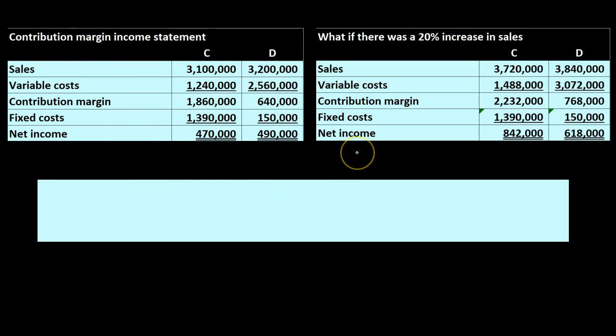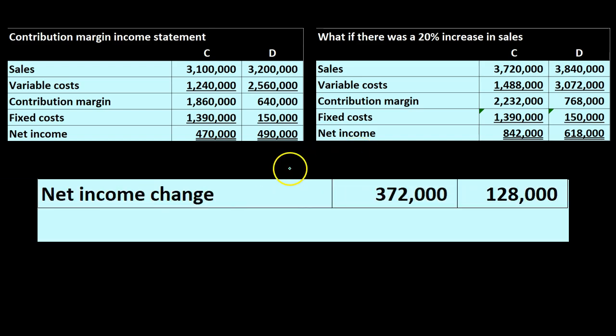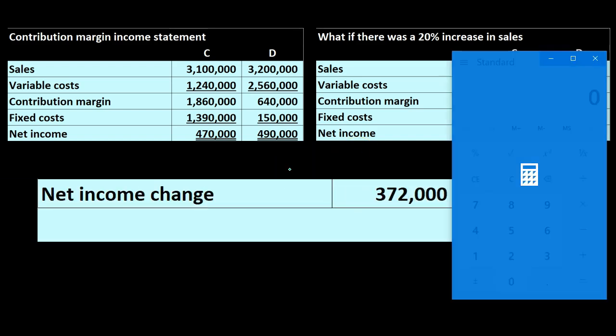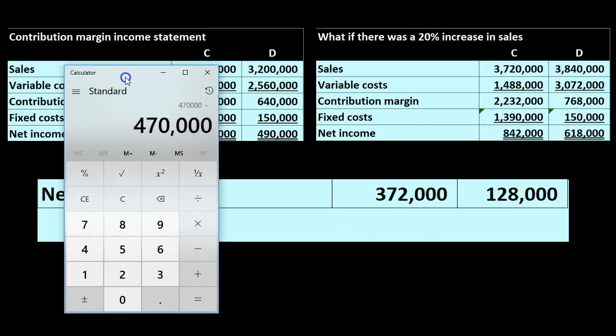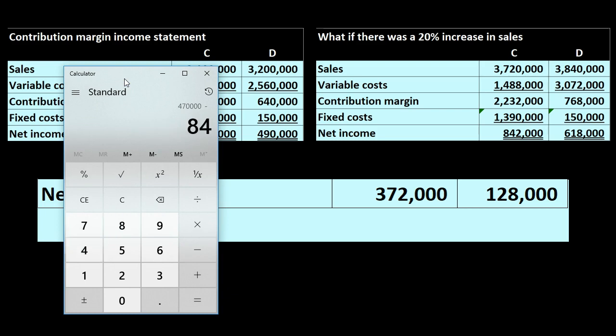Here it is after. We can say the net income change for C and D, so if we calculate C again, it's going to be the 842,000 after number minus the 470,000, and there gives us our $372,000 change.